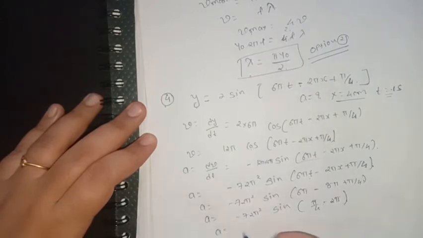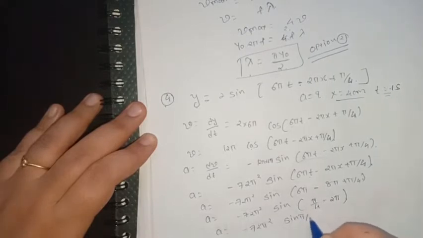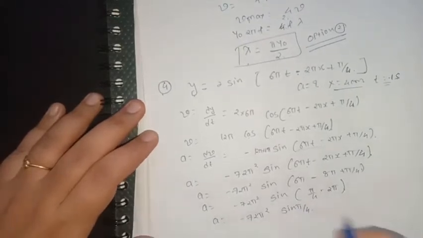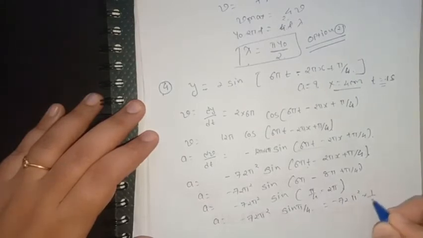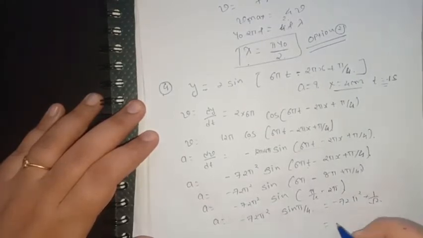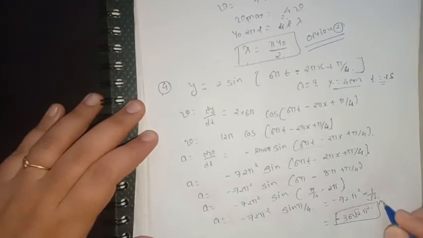So it will give us a equals minus 72 pi square sine pi by 4, and sine pi by 4 is 1 by root 2. So minus 72 pi square into 1 by root 2. So acceleration will be minus 36 root 2 pi square centimeters per second square.